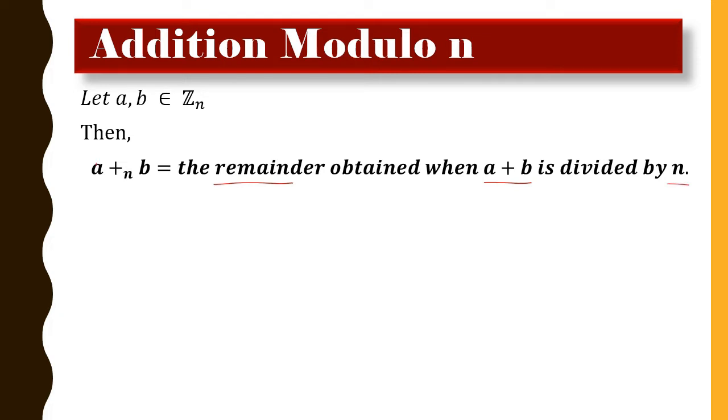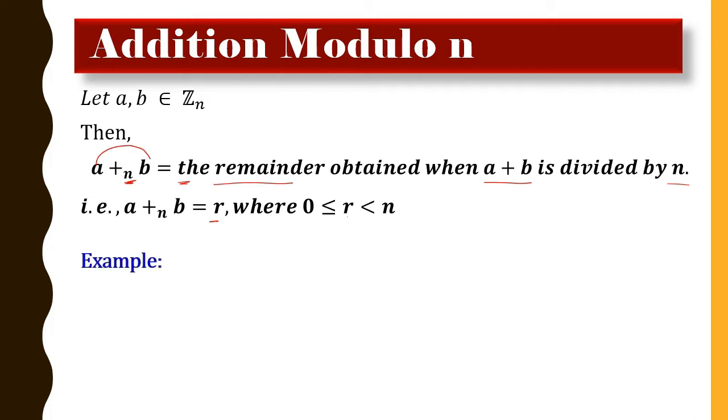So you consider the sum a plus b and divide that sum by n, and you write the remainder. That is, a addition modulo n b is equal to r, where r is the remainder, such that r is greater than or equal to 0 and less than n. We know that r is a non-negative integer.